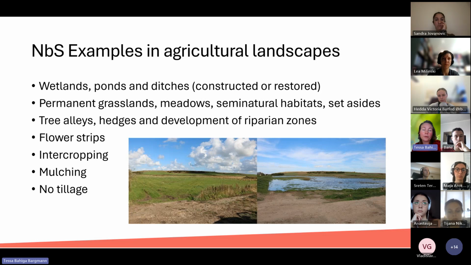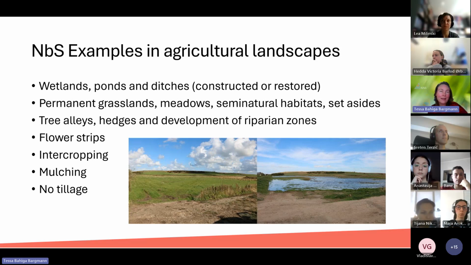Moving on to concrete examples again, I've chosen, of course, agricultural landscapes, because one of the SONATA case studies is within agricultural landscapes. So you can move from the top of the list to the bottom of the list. The top is more about the landscape, and the bottom is more about within the agricultural system itself.